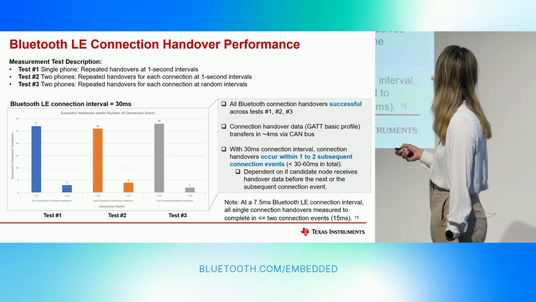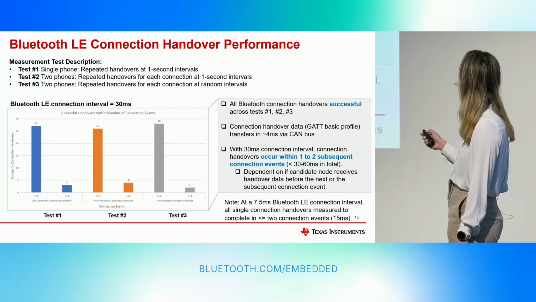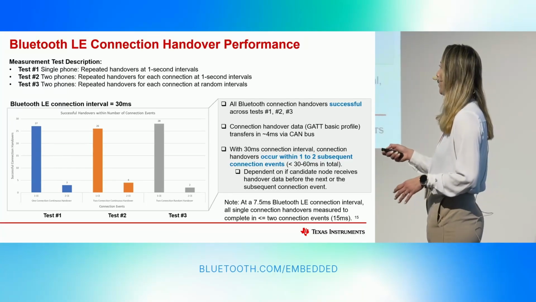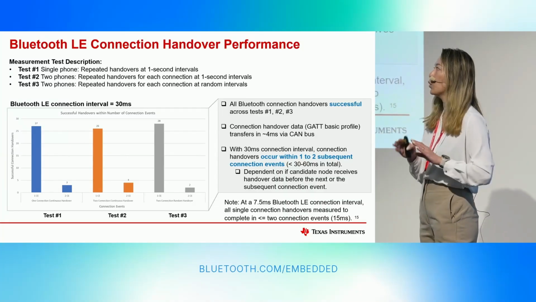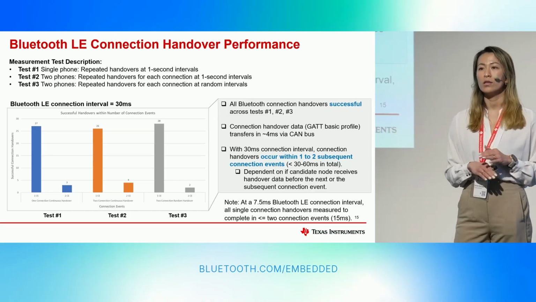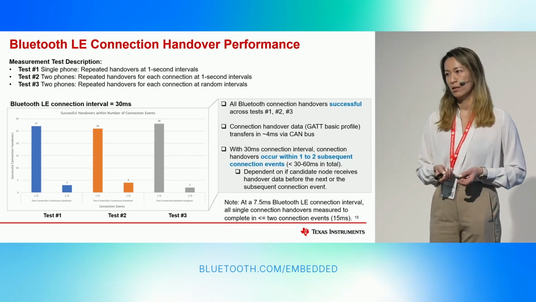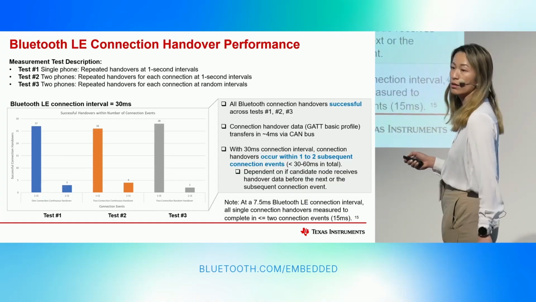Here is the result, right? So all the test cases, 30 times with 2 nodes, are successful. All of them show 30, so more than 25 out of 30, we were able to hand over the connection within 1 connection event. So within 30 milliseconds in this case, because this is the 30 millisecond interval.